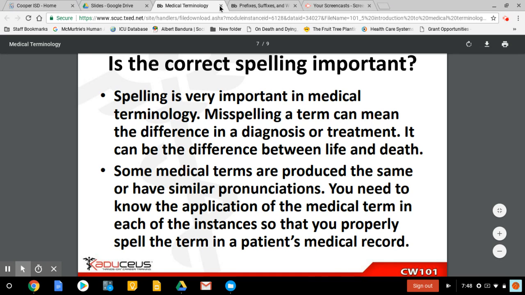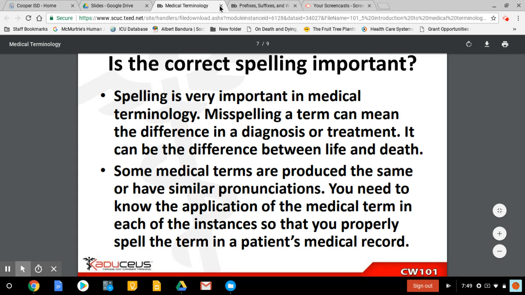There's cholectomy and colectomy, which can mean two different things depending on how it's spelled. Cholectomy means removing of the gallbladder. Colectomy means removing something from the colon.